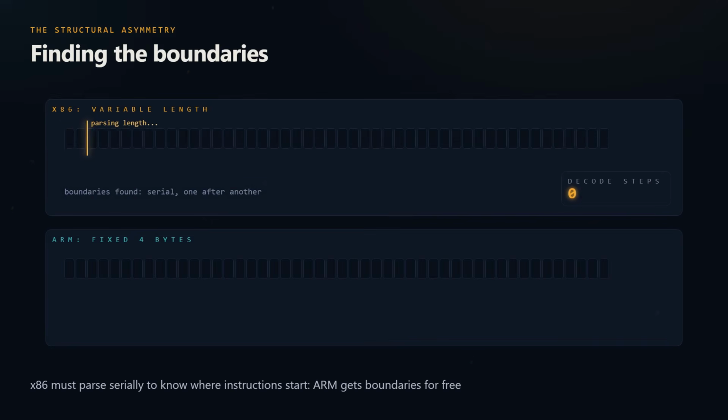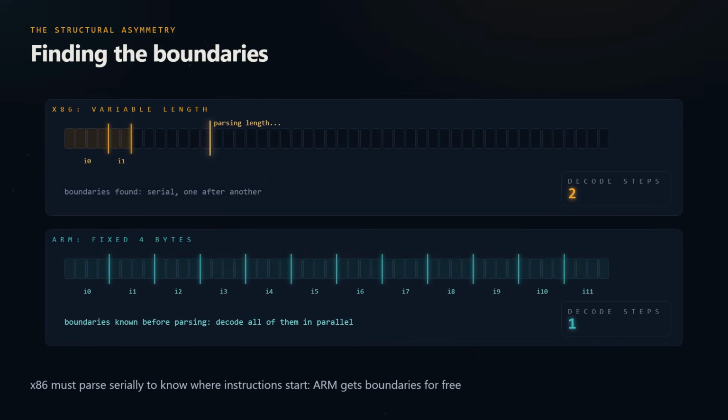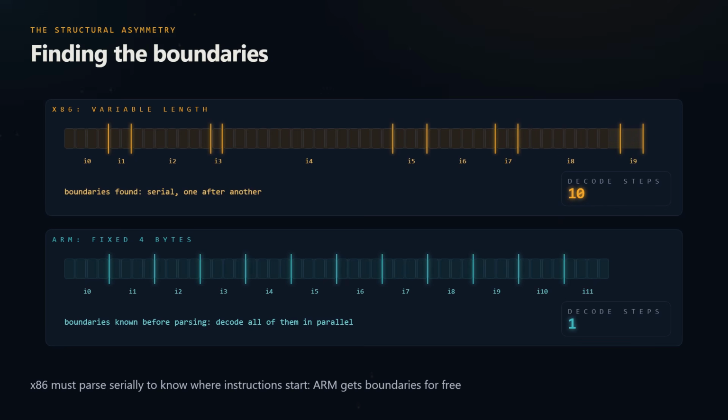And here is where it bites. A modern core wants to decode many instructions every clock cycle. On ARM, boundaries are free. Every 4th byte starts a new instruction, so you can put 8 or 10 decoders on the stream in parallel, instantly. On x86, the length of an instruction is only known after you have passed it. The opcode, the prefixes, the addressing byte.